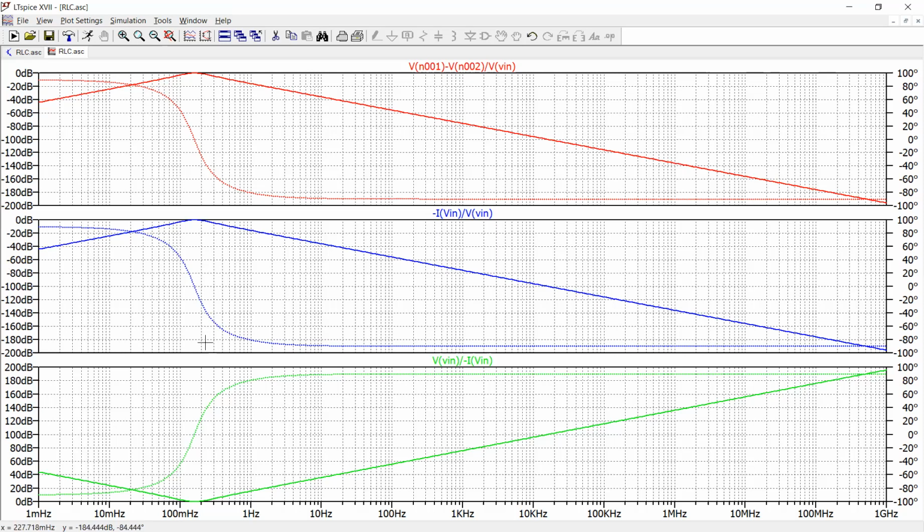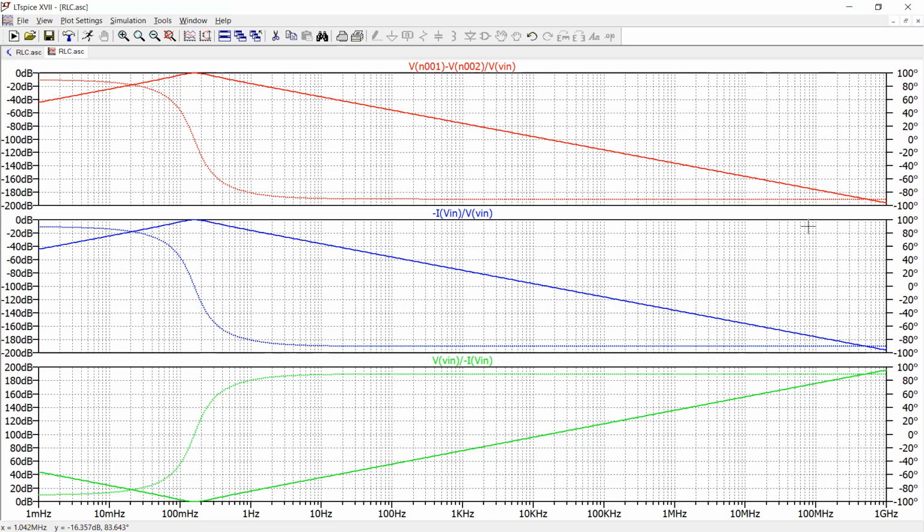At the resonant frequency, it has a value of 0 dB, which is 1 in magnitude. And at omega equal to 0 and omega equal to infinity, the admittance is approaching 0. And what about the phase? The phase is +90 to -90, as we calculated in theory.